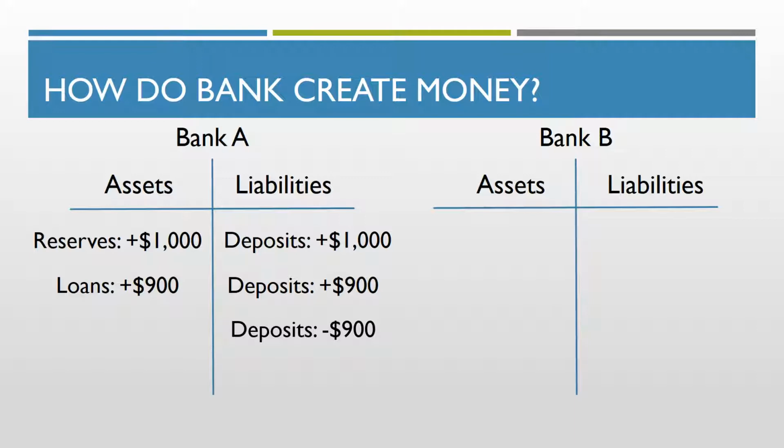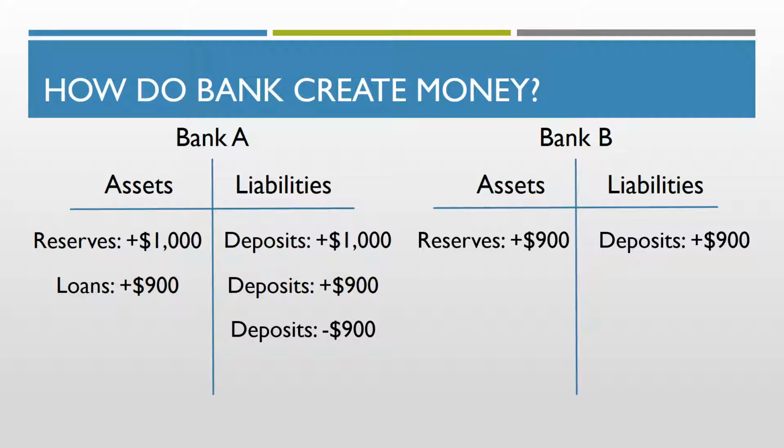And this salesman will put this $900 into his bank. Now Bank B has this new $900 deposit, and it creates $900 reserves.